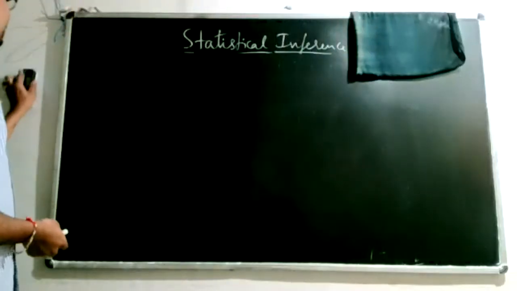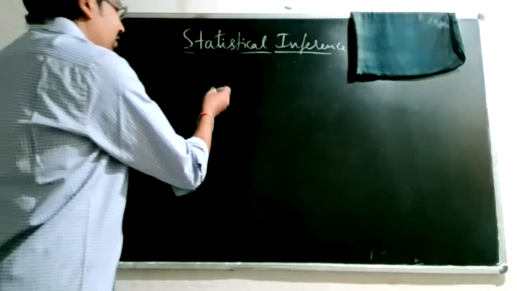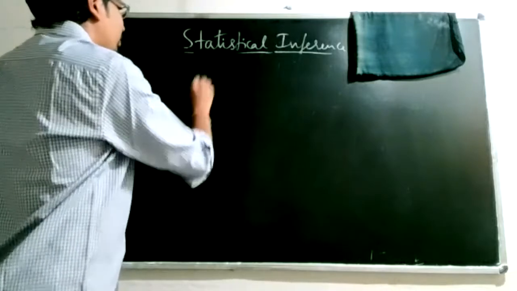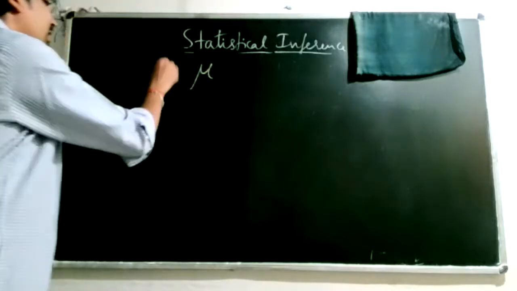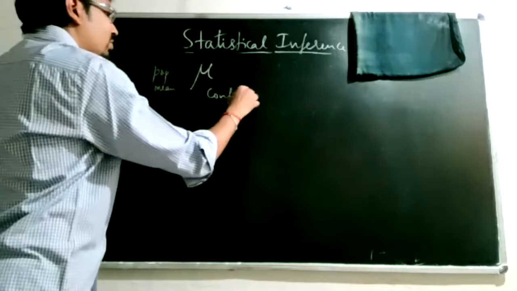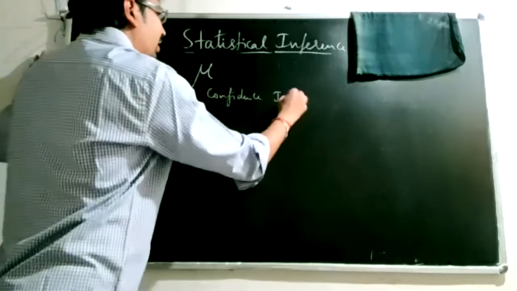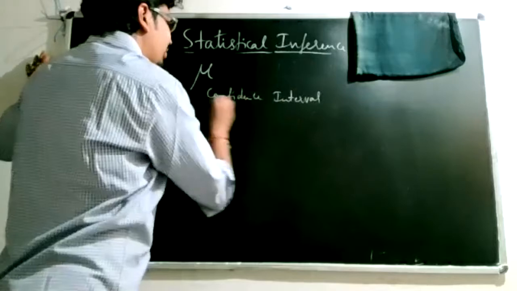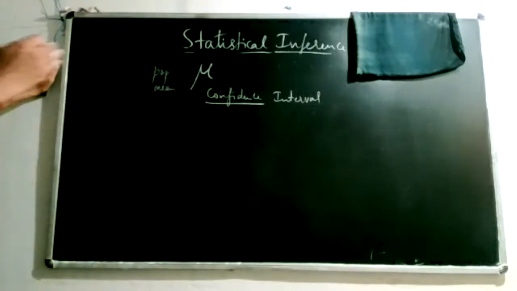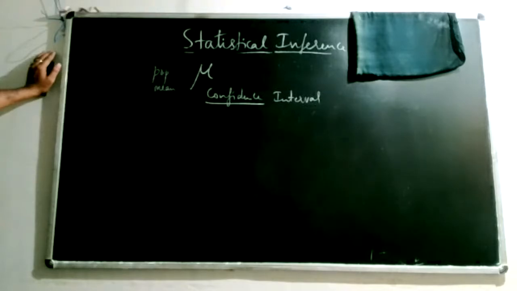I'll leave the interval estimation, but usually, when we look into the estimation of mu, which is the population mean, we talk about what is called a confidence interval. So you're giving an interval. Your interval is such that you can guarantee the probability that your mu belongs to that interval.